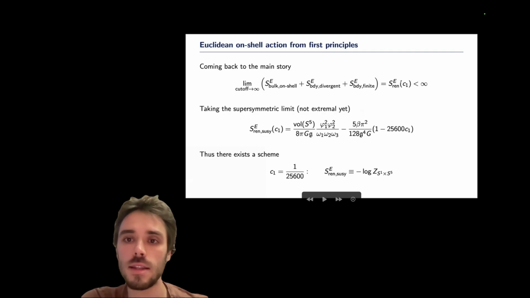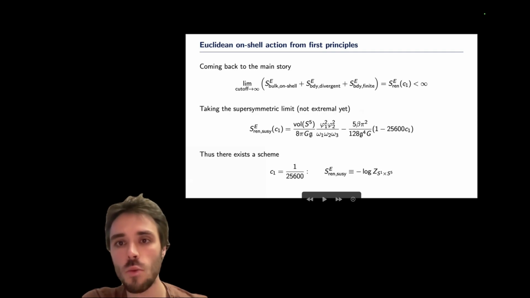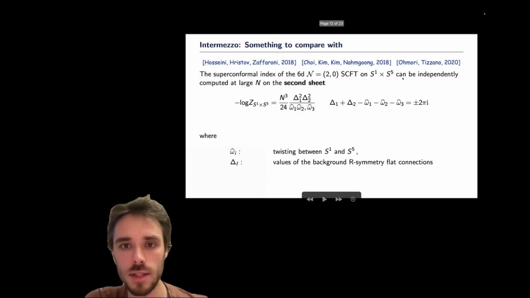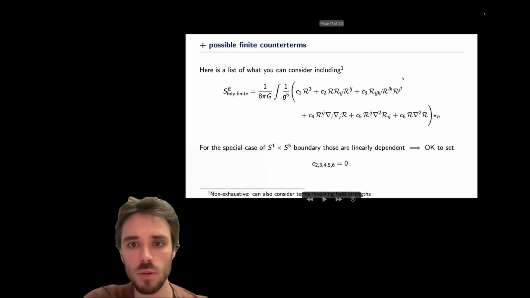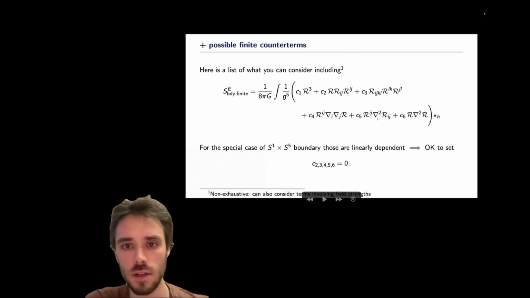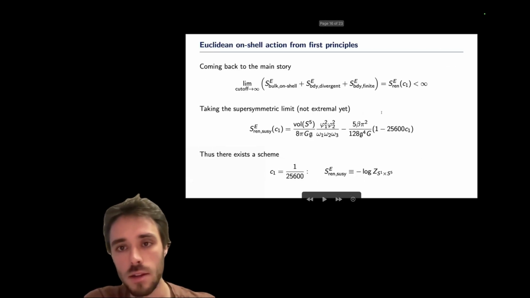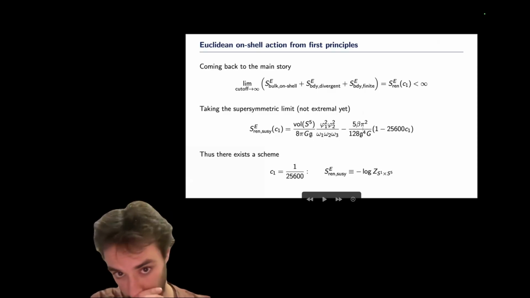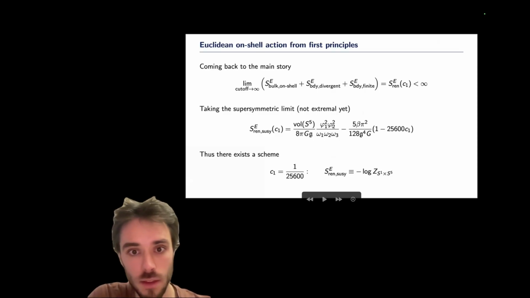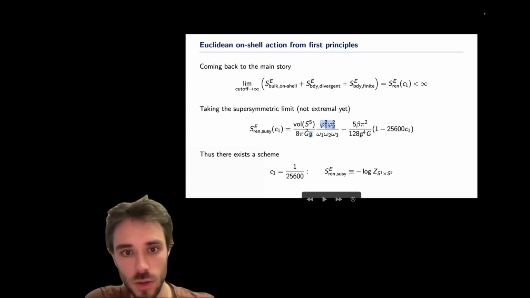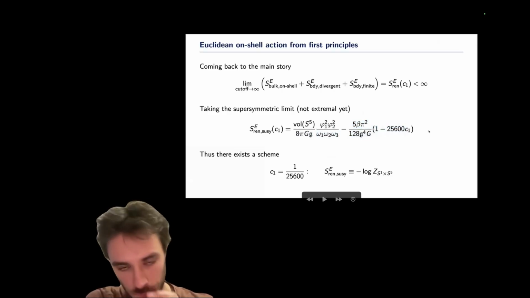In our case, it depends on this coefficient C1 because we kept C1 in the game. I mean, we killed C2, C3, all of these, but we kept C1. And it's a finite answer. And the answer looks like this. Okay? It has this factor here, and then it has this additional piece.